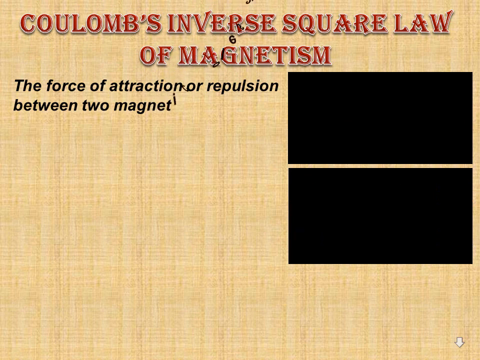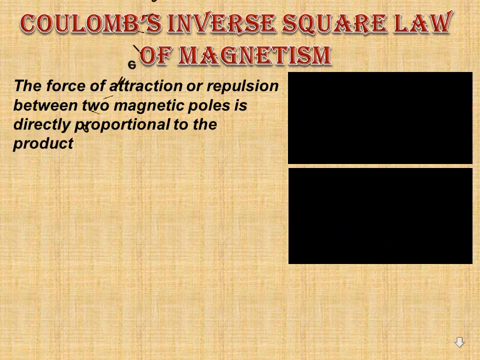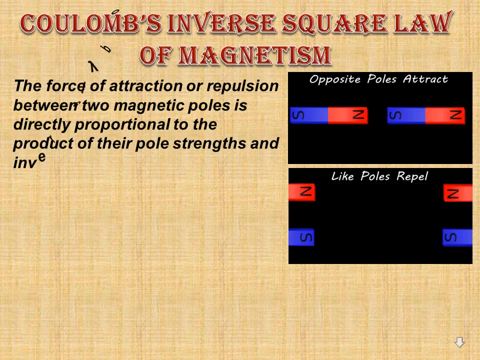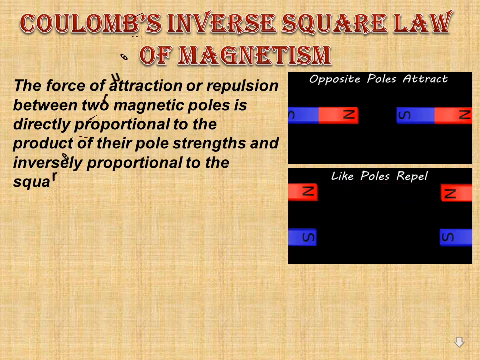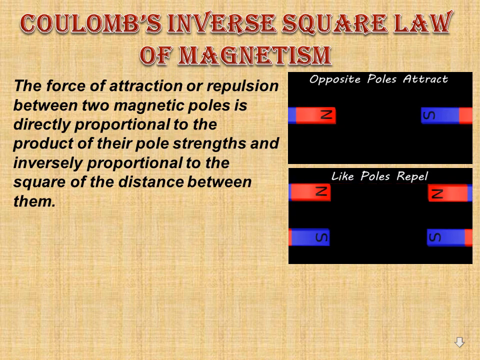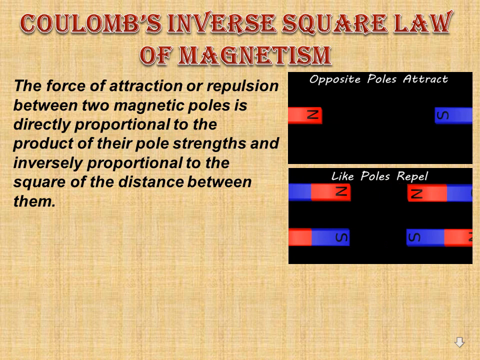Already we know there is Coulomb's law for the electrostatic force of attraction. Here in magnetism, the force of attraction or repulsion between two magnetic poles is directly proportional to the product of their strengths and inversely proportional to the square of the distance between them, as it is in electrostatics.